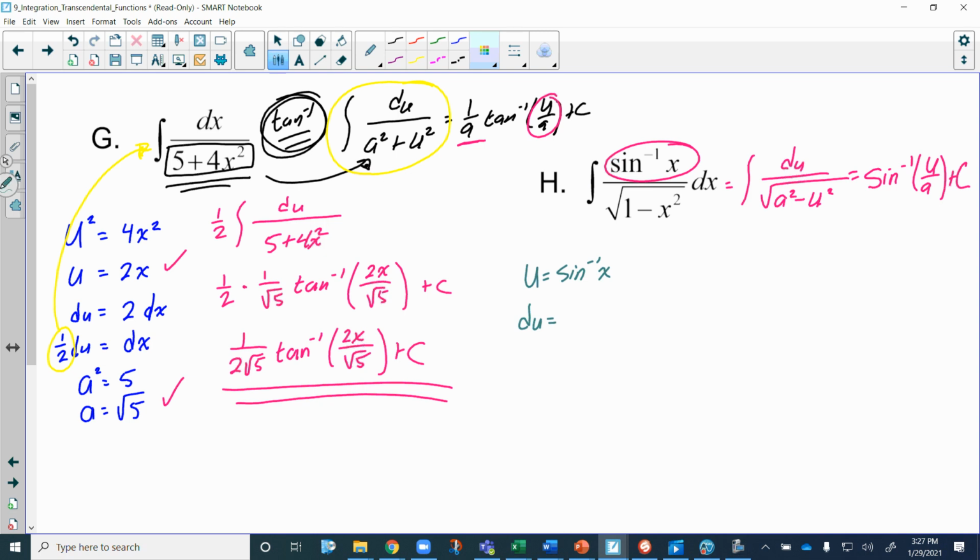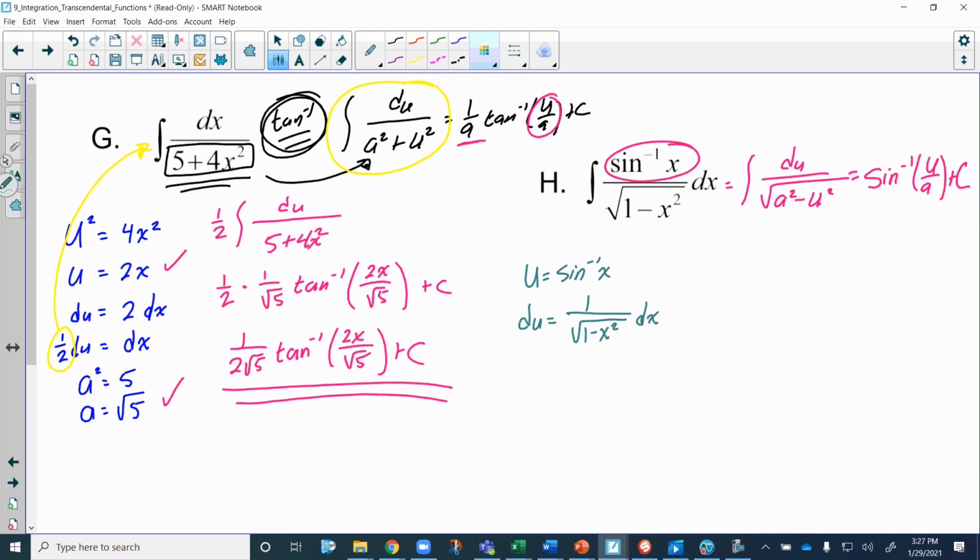And again, this is where you might want to go back and review your trig derivatives if you're not remembering how to do the derivative of inverse trig functions. This is going to be 1 over the square root of 1 minus x squared dx. So that's how we're getting the derivative.